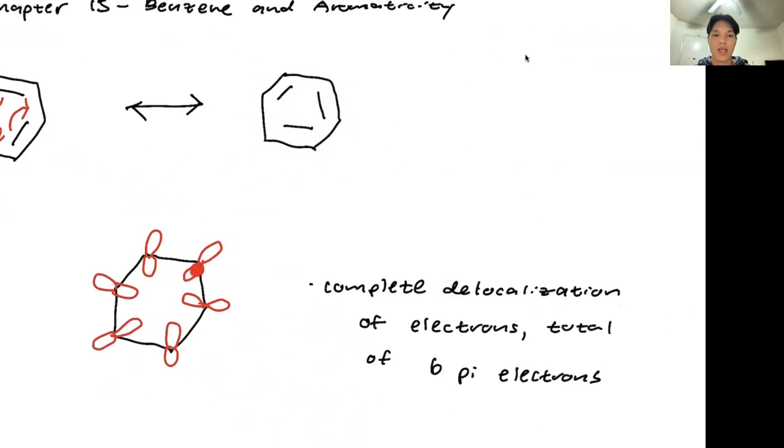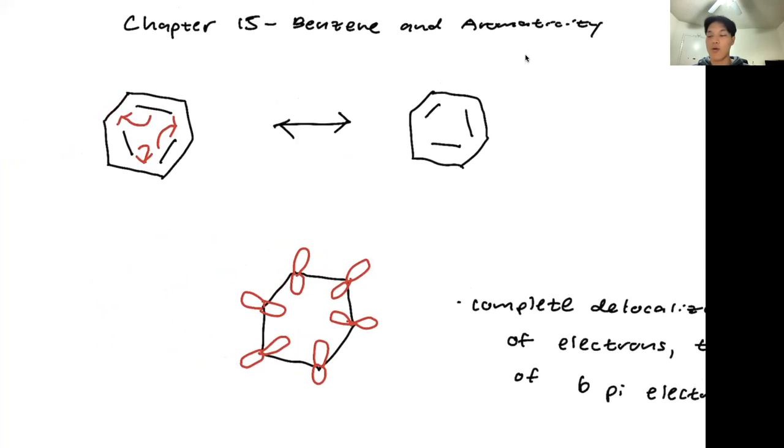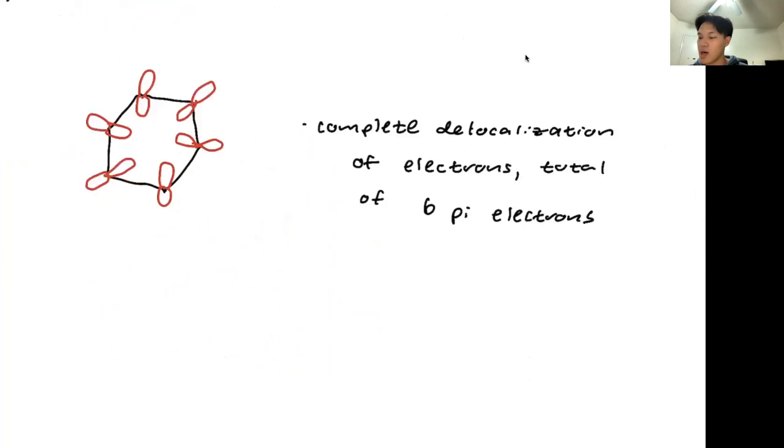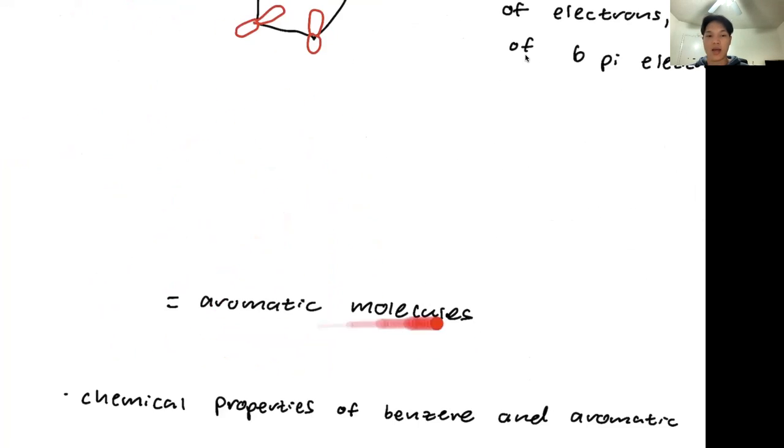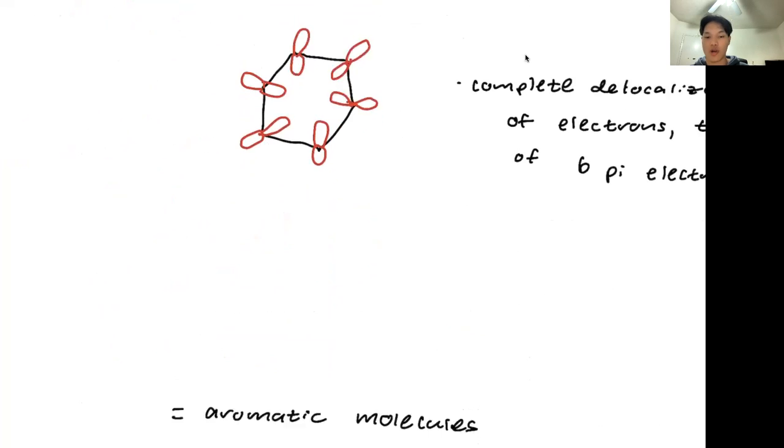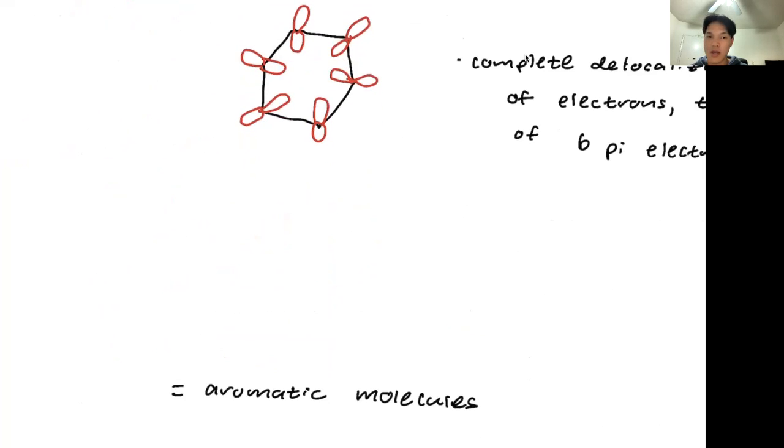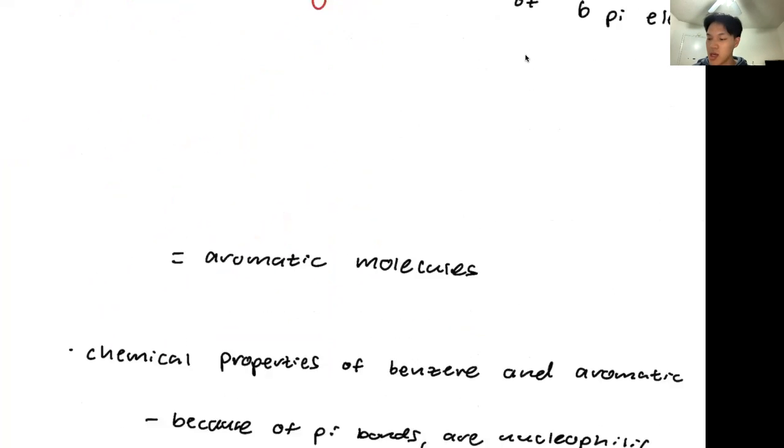There's 6 of them, right? So 1, 2, 3, 4, 5, 6. And because of the resonance and how each double bond can be moved by resonance, we would call this compound an aromatic. It's an aromatic molecule.